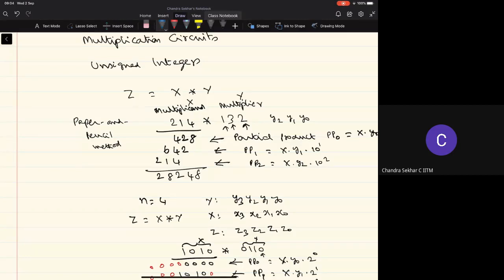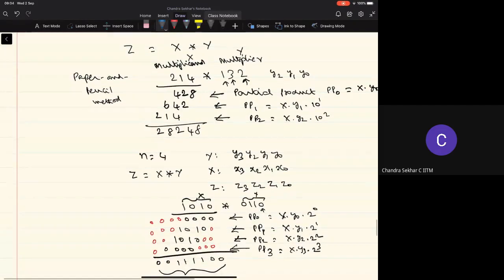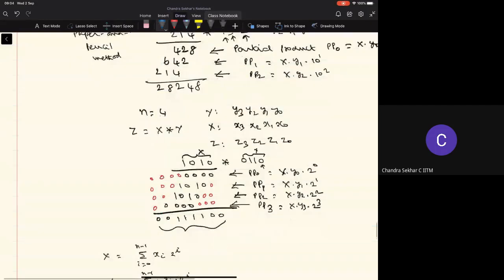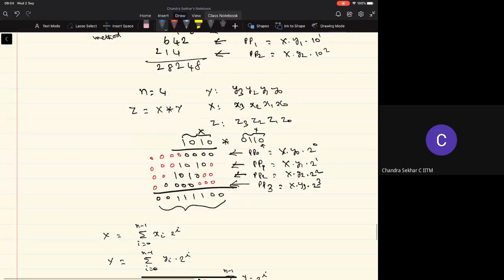And we'll use exactly the same method in the case of the integers that are represented in the binary form. And first, we'll look at it for the unsigned integers. So typically, if let's say I have 4-bit representation for the operands x and y, and then I want to generate the product z, similar to what we do in the decimal number multiplication, we take the multiplier operand, that's y, and multiplicand operand x, and then we multiply x with every bit of y.